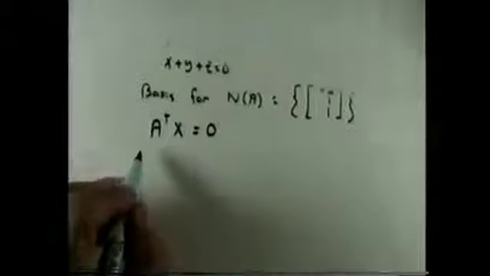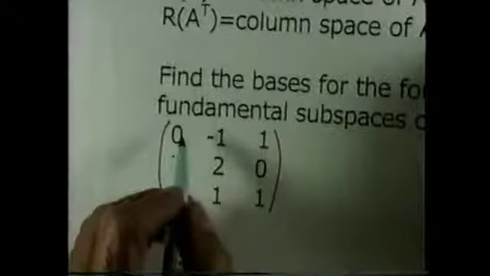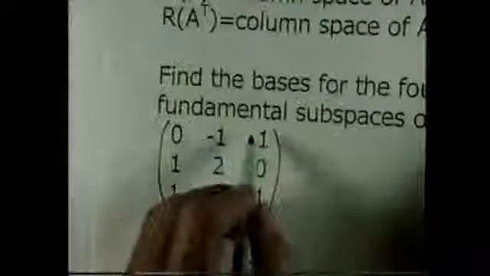We'll look back at A. We can see that A transpose is going to be the rows and columns interchanged, so 0, negative 1, 1 will be the first column. 1, 2, 0 will be the second column. 1, 1, 1 will be the third column.